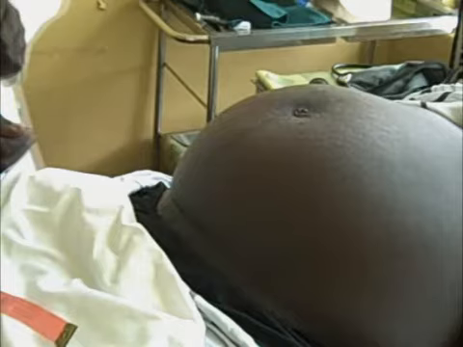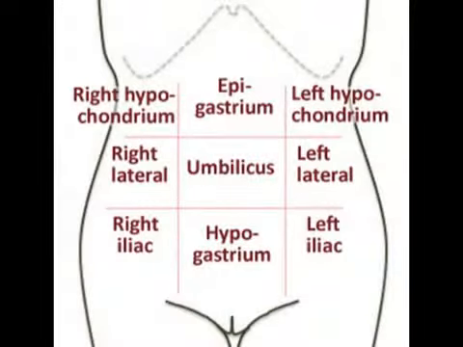You then go on to palpation, and at this time you start with superficial palpation, going through the 9 segments of the abdomen. As you go on to do the actual superficial palpation, you ask the patient to show you whether any part of the abdomen is hurting, so that you examine that place last.